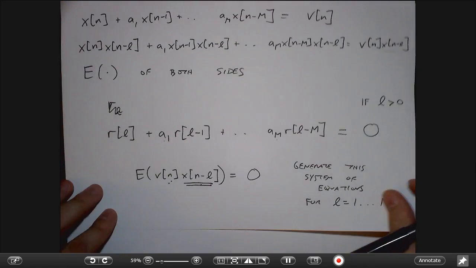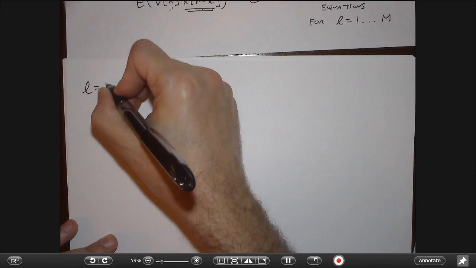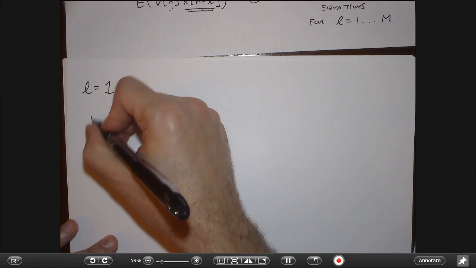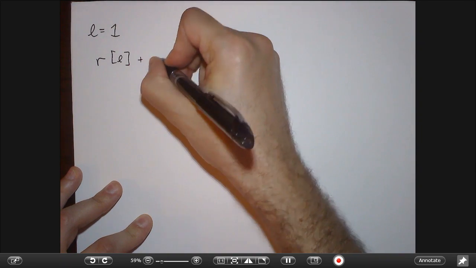So that's like saying that for L equals 1, what does the system give me? R of 1. Actually, I'm going to write this again just to be really explicit.